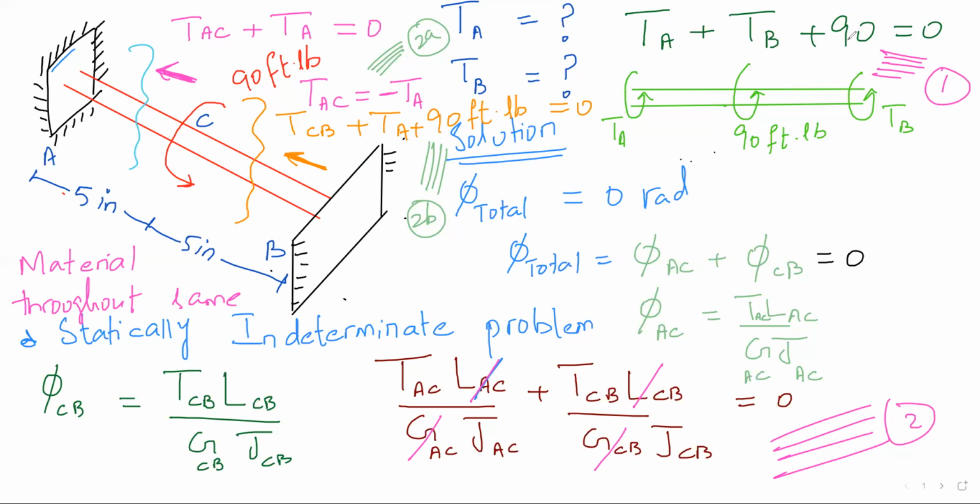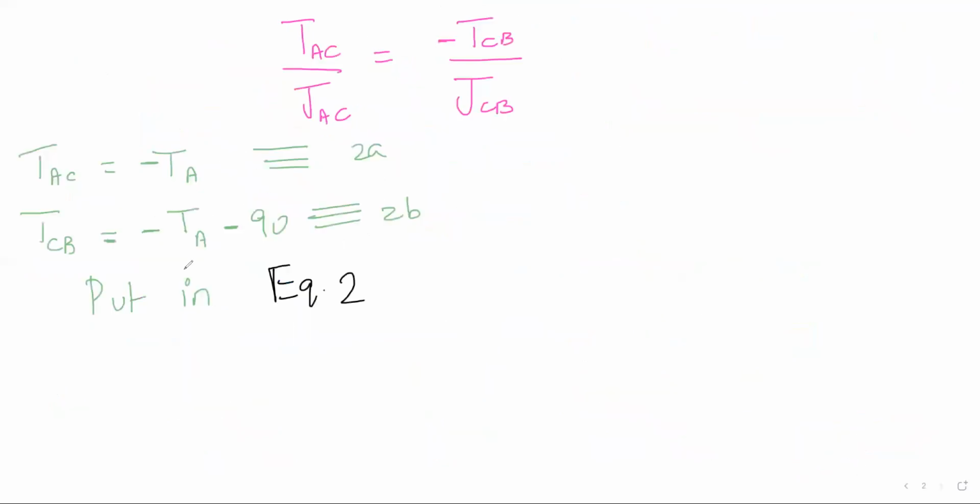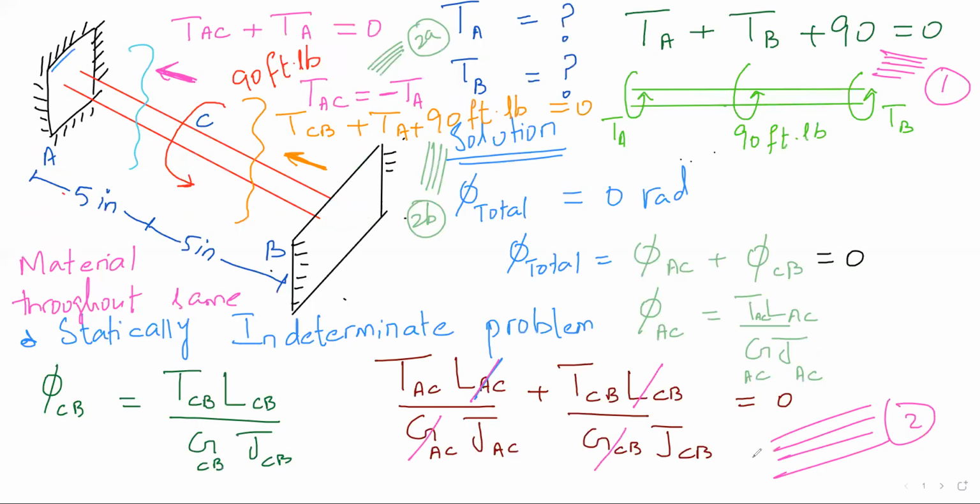In those formulas, I have those TAC and TCB. Are you getting my point? Now I am finding the TAC and TCB in terms of the reaction torques, which I wanted to find. Now I have got TAC and TCB. Now I will substitute in 2. Got it? Please try to do it.